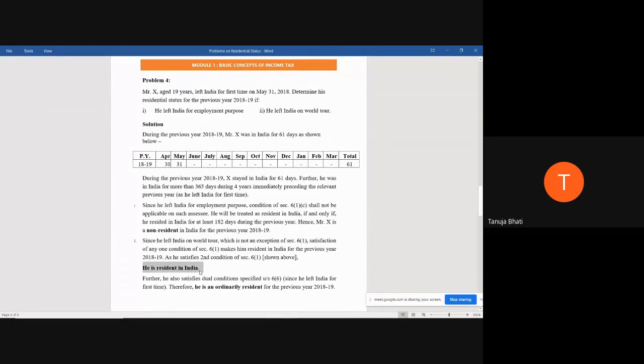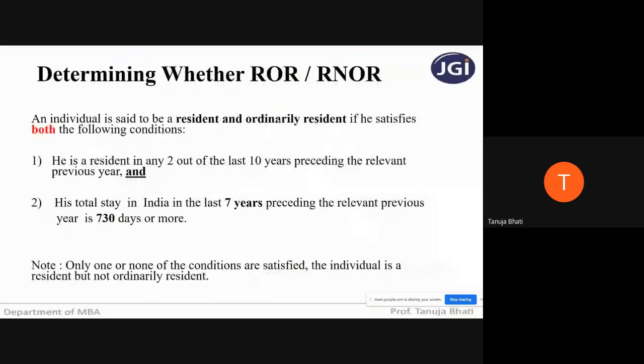So let us see whether he is ROR or RNOR. For that, what you have to check? If he's fulfilling both the additional conditions, both have to get satisfied, he becomes ROR. If he fulfills any one or none, he becomes RNOR.